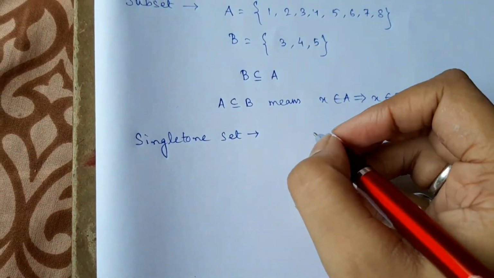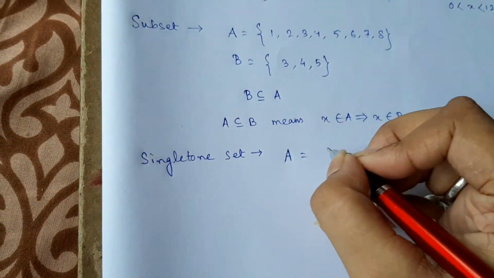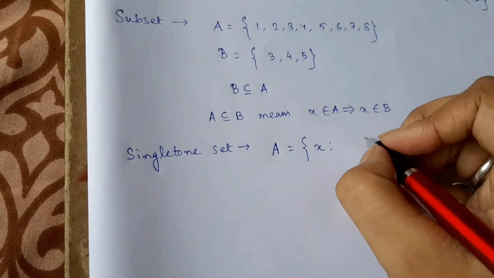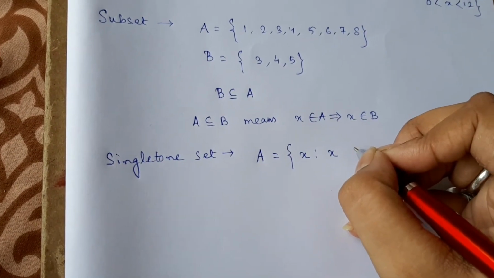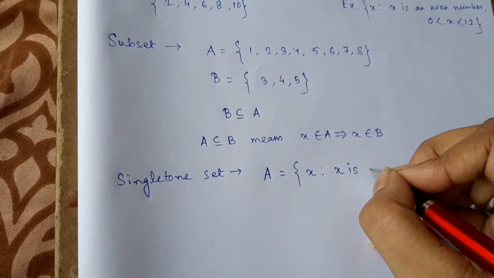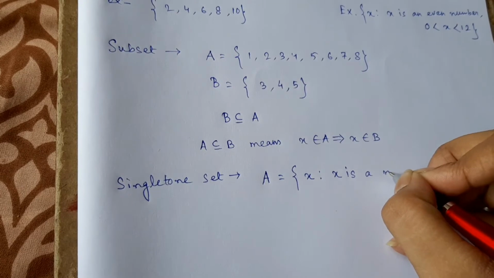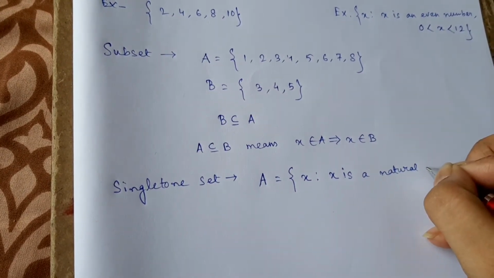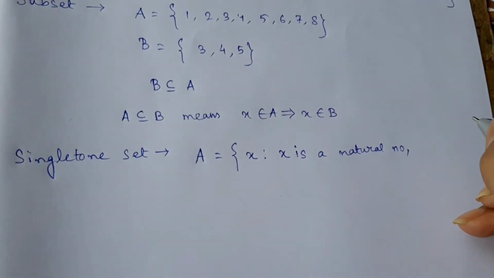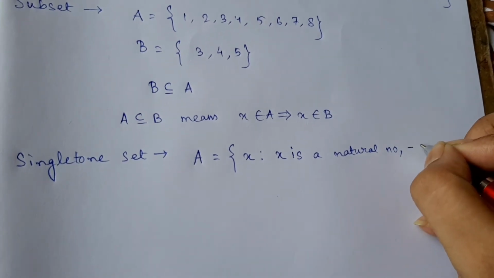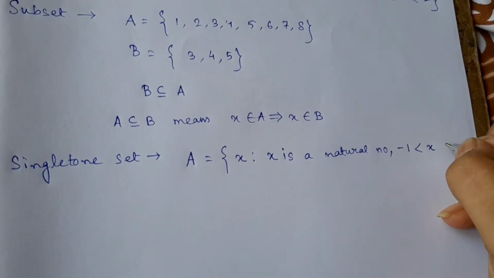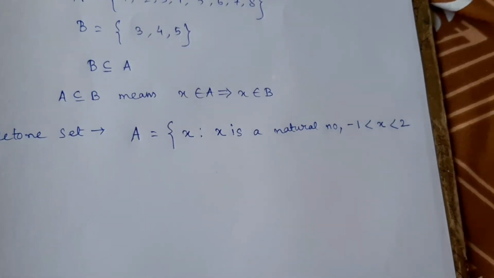That is, if I give an example, A equals {X such that X is a natural number and -1 < X < 2}. Okay.